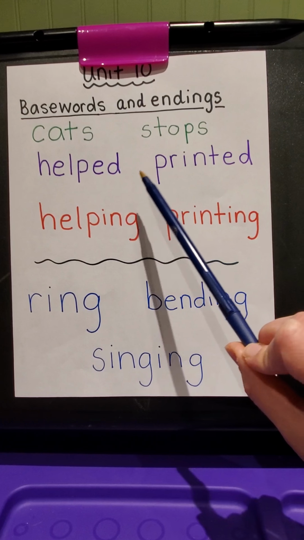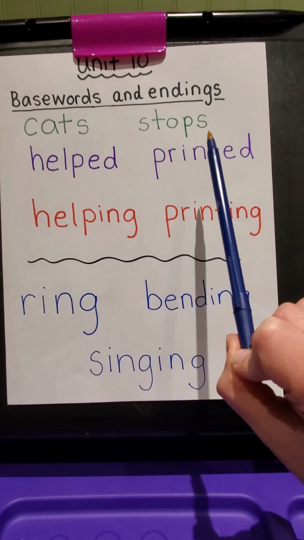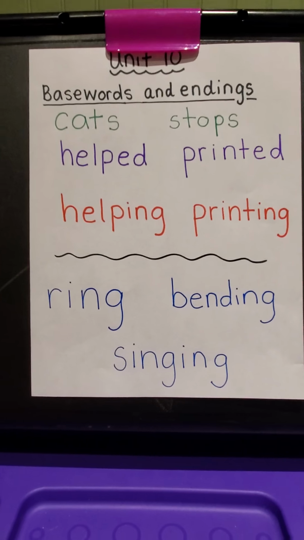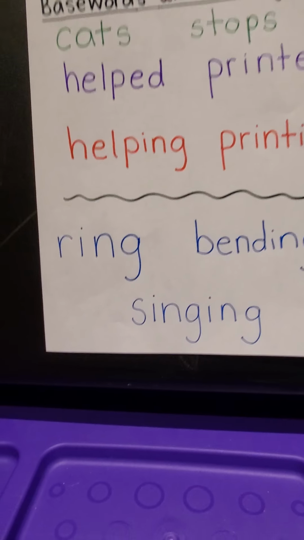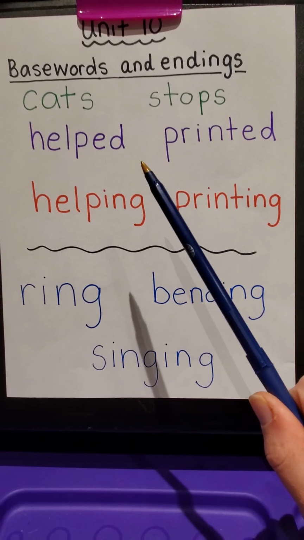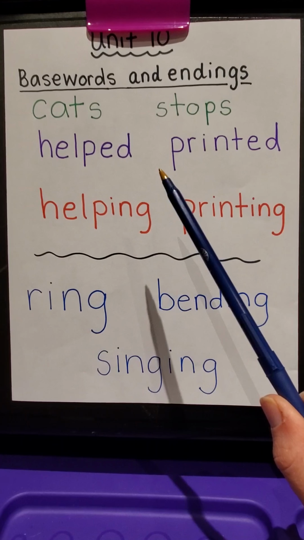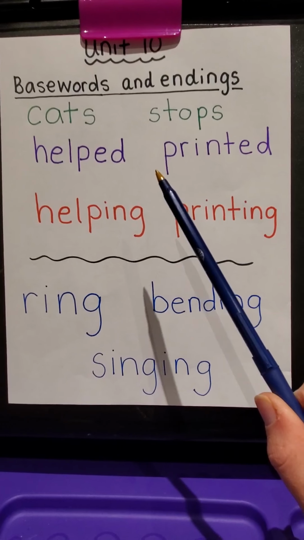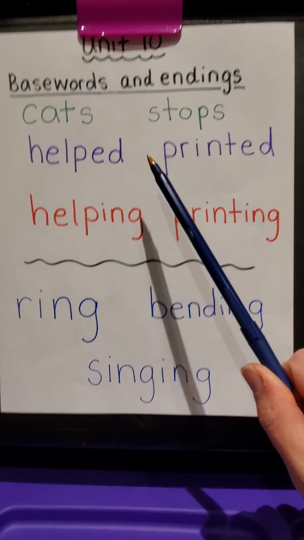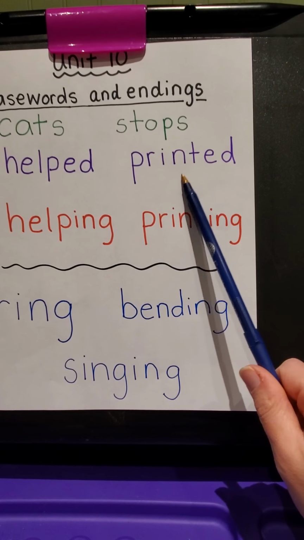Sometimes when we add ED, it can sound like duh, just D. Sometimes, like in helped, it can sound like T. And then sometimes it sounds like id, like in printed.